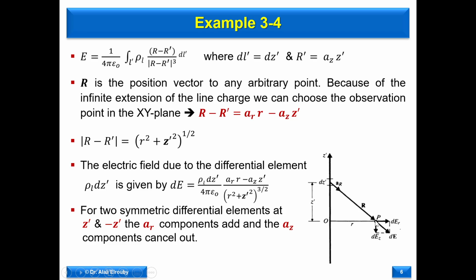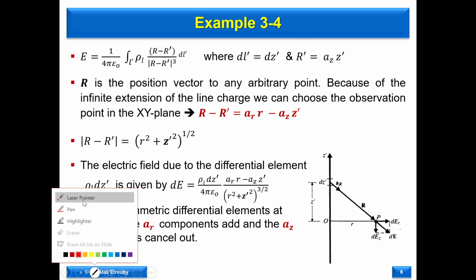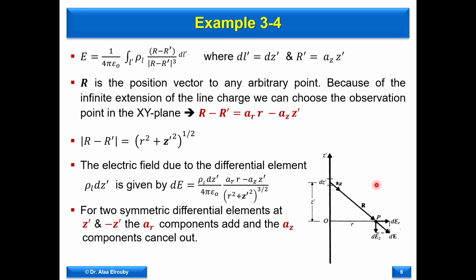So we can put the point on the xy plane, and it's very important here to consider the geometry from symmetry. We have two symmetries here. We have symmetry with respect to z. Any point at this z or that z would see the same thing, infinite extension above, infinite extension below. So there should be no z dependency.